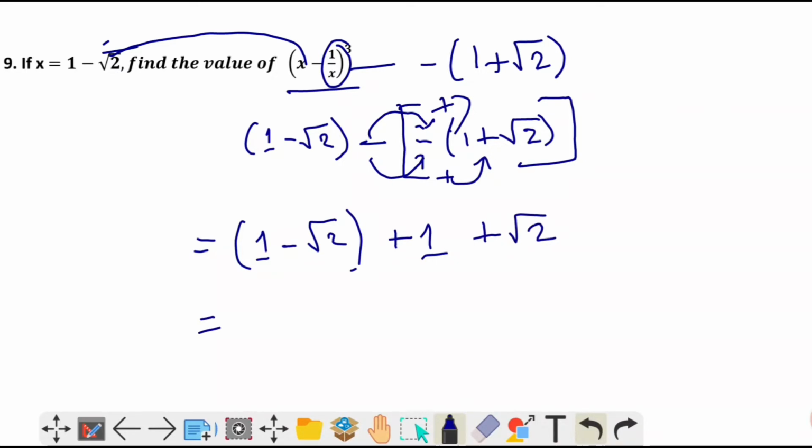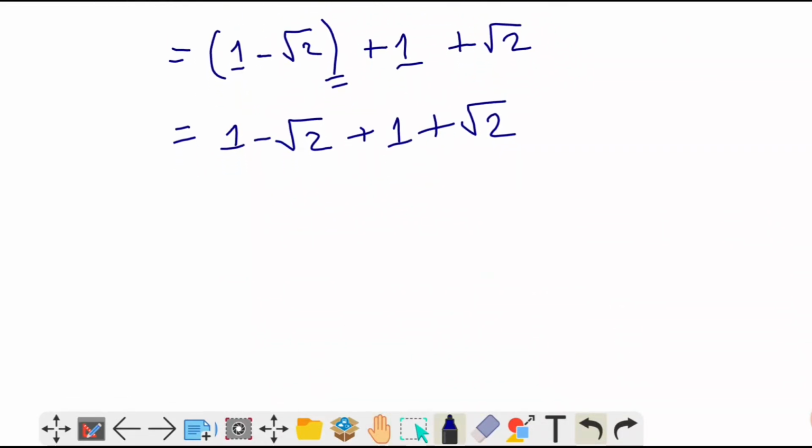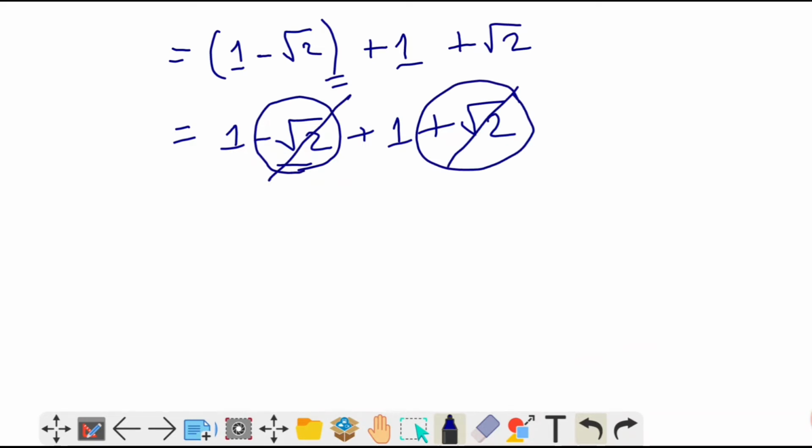Now we have to open the bracket. 1 minus √2 plus 1 plus √2. So there is the opposite sign of both √2. So minus √2 plus √2 will cancel out and we'll have 1 plus 1, that is 2.